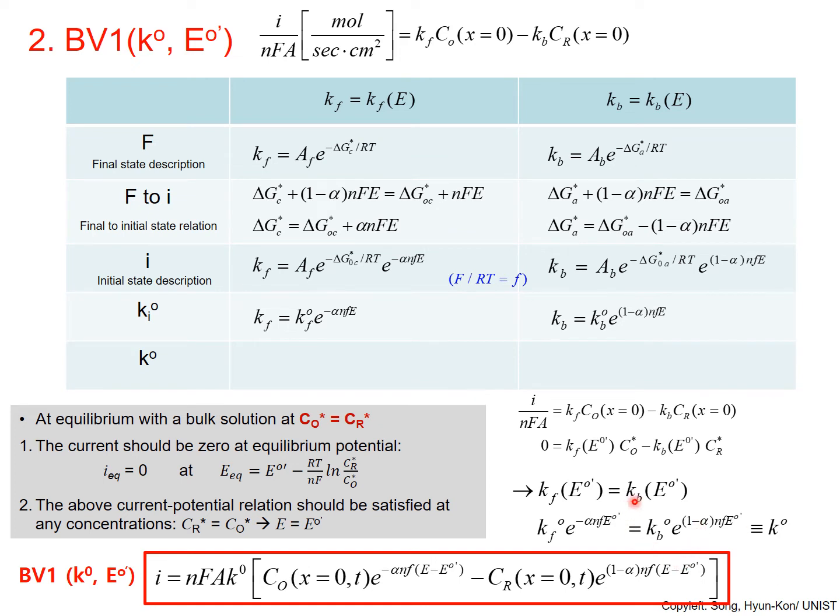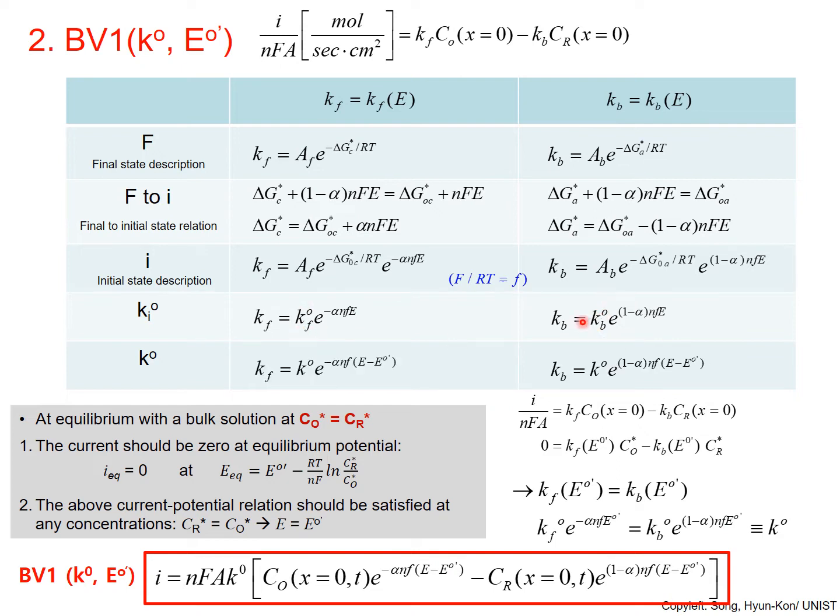Or Kb0 can be described by the same standard rate constant with the exponential function of minus (1 minus alpha) f formal potential.